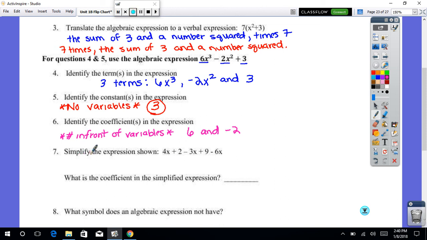Number 7. Simplify the expression shown. So basically, combine like terms. I have a 4x, a -3x, and a -6x, which gives us a -5x, and +2 and +9 is +11.